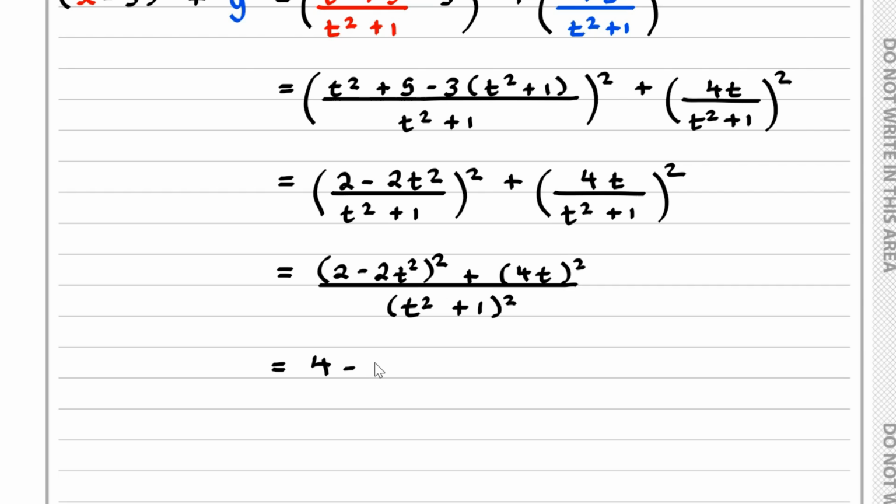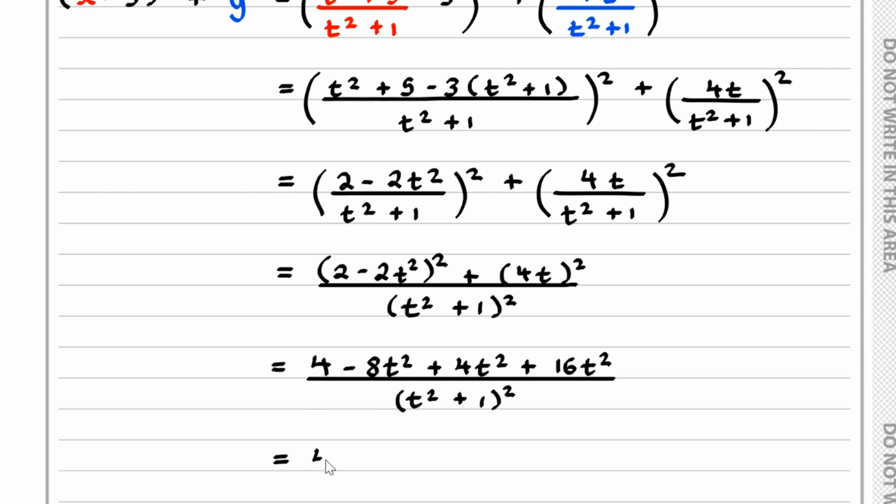So we've got 4 minus 8t squared plus 4t to the 4, plus 16t squared, divided by (t squared plus 1) all squared.